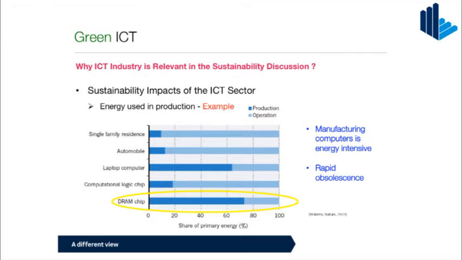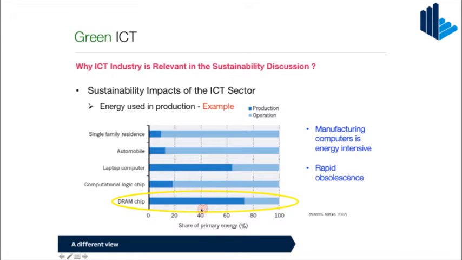Let's analyze some data. Here in this slide, you can see the amount of energy that is required for producing and using a number of products. What emerges from this picture is that manufacturing, for example, DRAM chips, is very energy intensive.